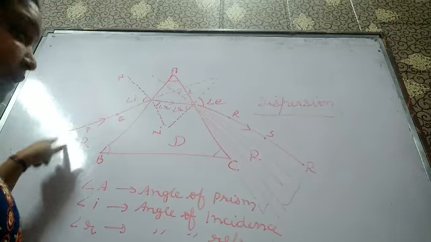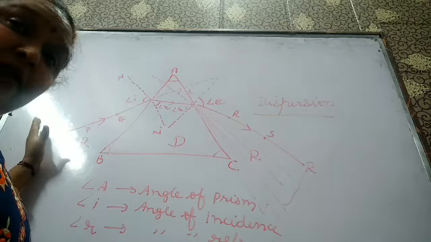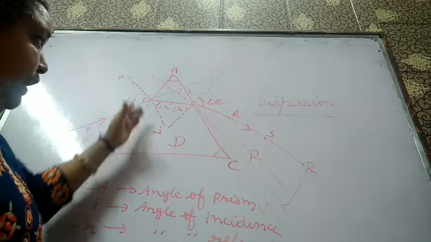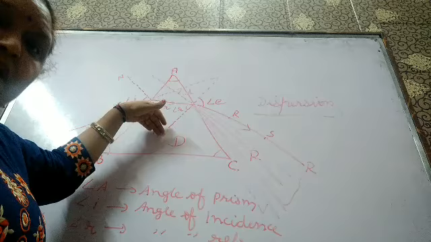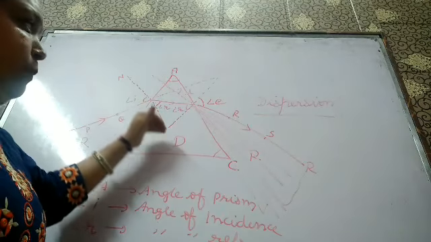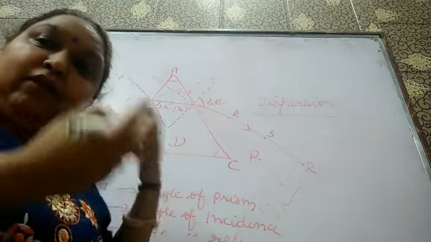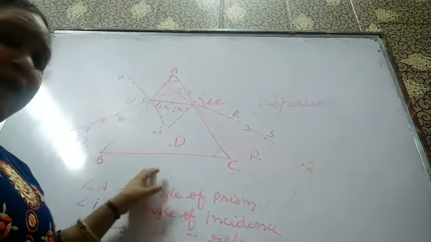And we know that whenever light travels from rarer to denser medium, it moves towards the normal, and whenever it moves from denser to rarer medium, it moves away from the normal.